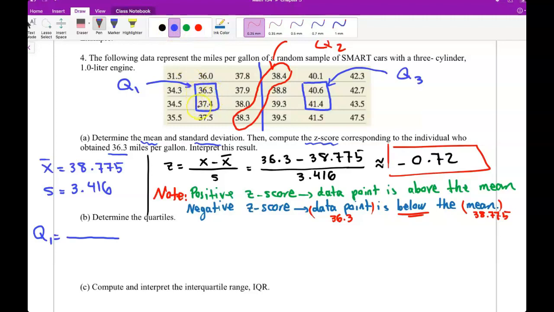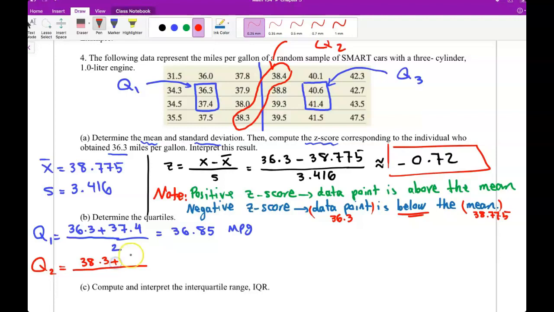Q1: 36.3 plus 37.4 divided by 2. That is 36.85 miles per gallon. Then Q2, or median, is 38.3 plus 38.4 divided by 2.